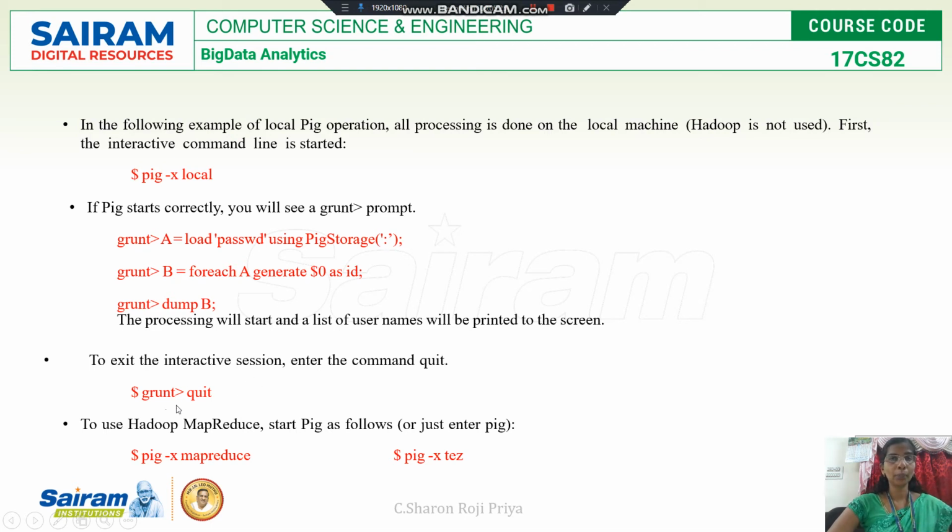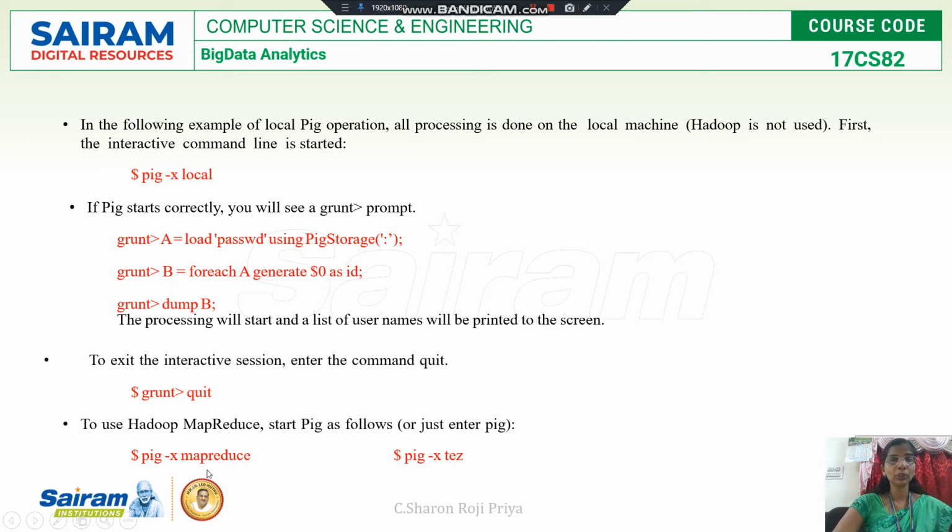To stop your Pig tool, you can use the quit command. Here we started our Pig tool in local mode. If you want to start in cluster mode, as I said, we can use either the MapReduce engine or the Tez engine. Whichever engine you want to use, start Pig with pig -x.